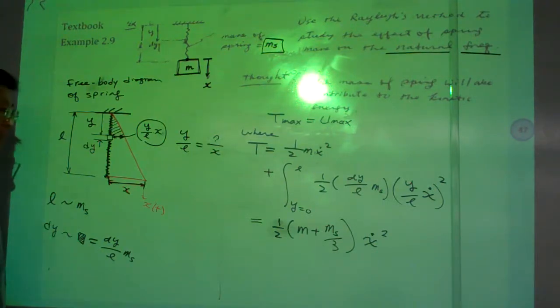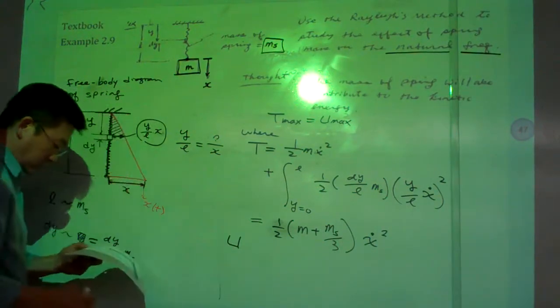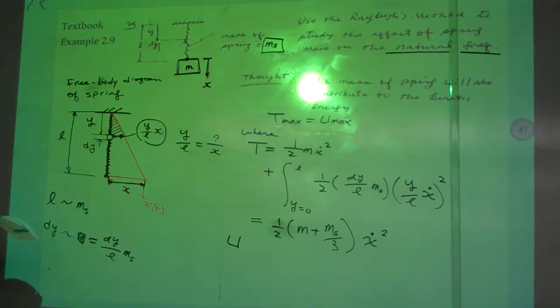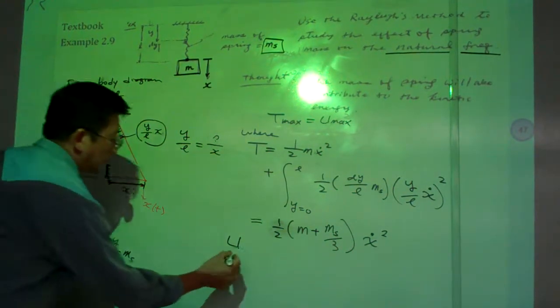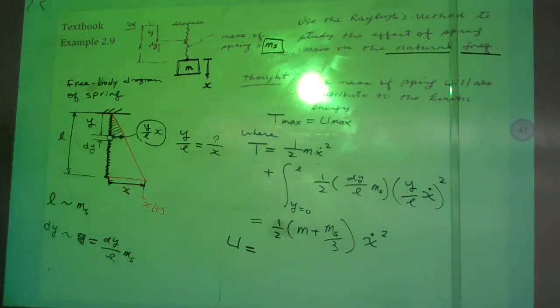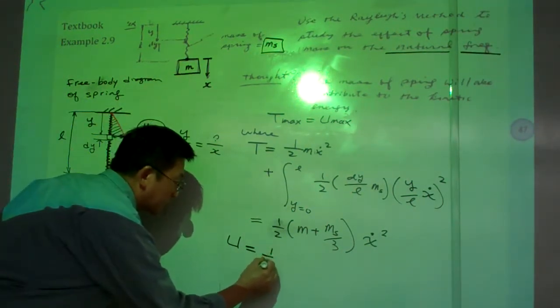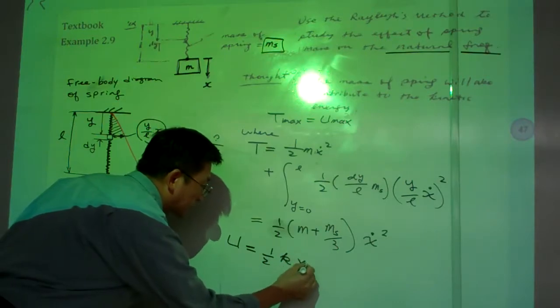That is the kinetic energy, and the total energy of the spring is simply 1/2 k x squared.